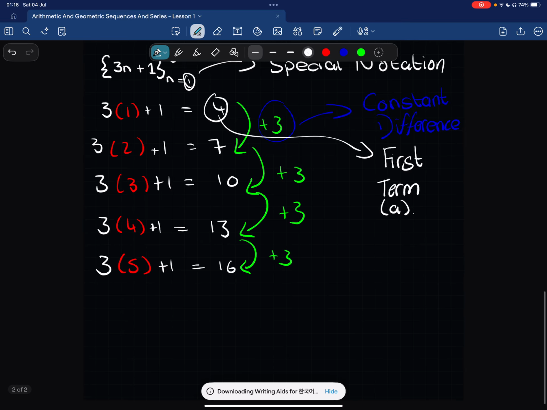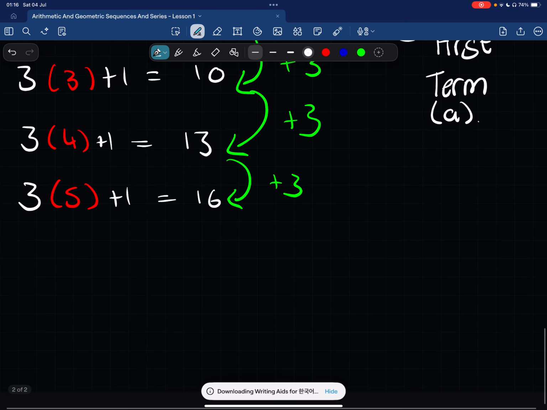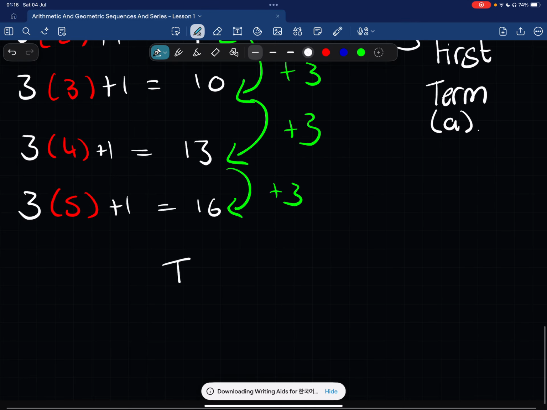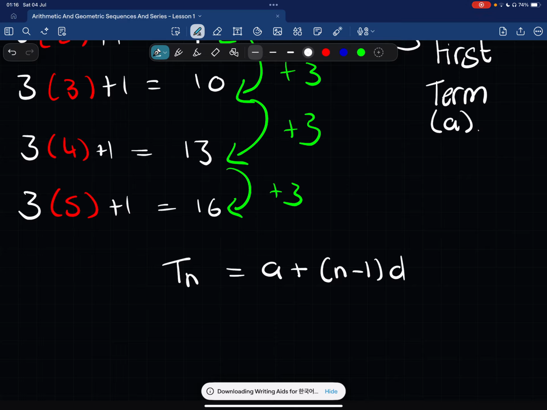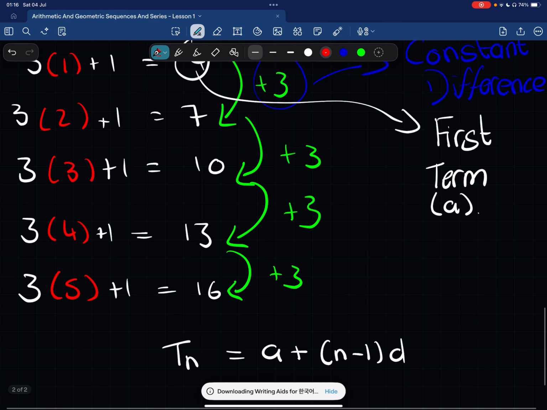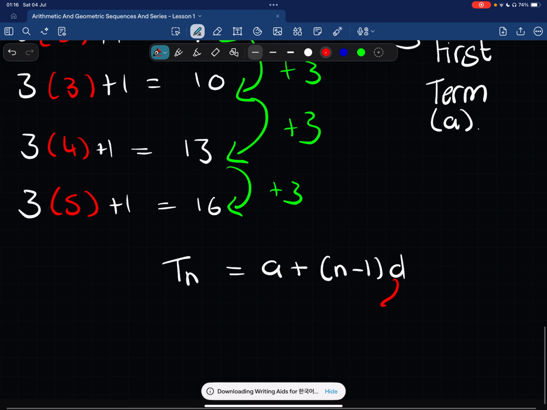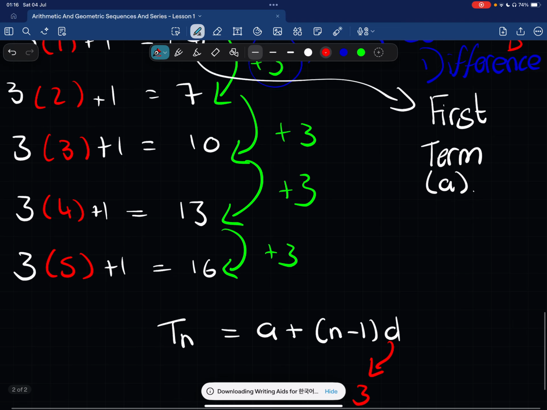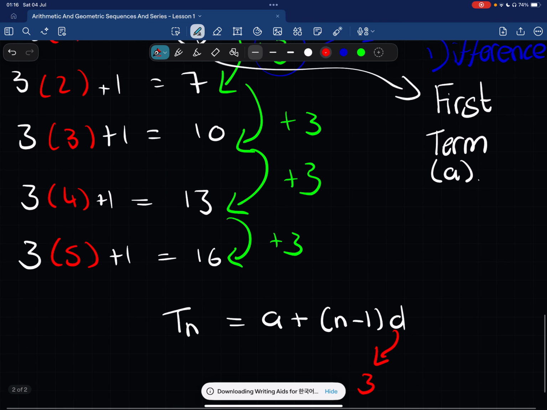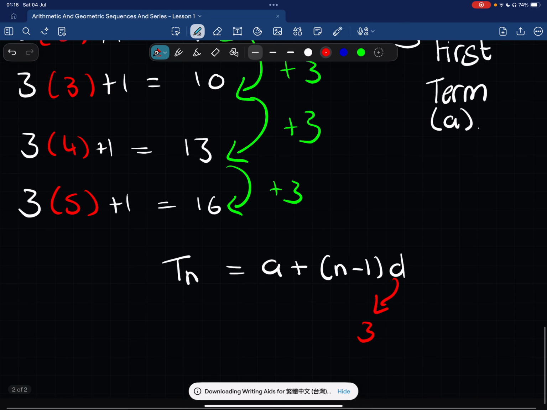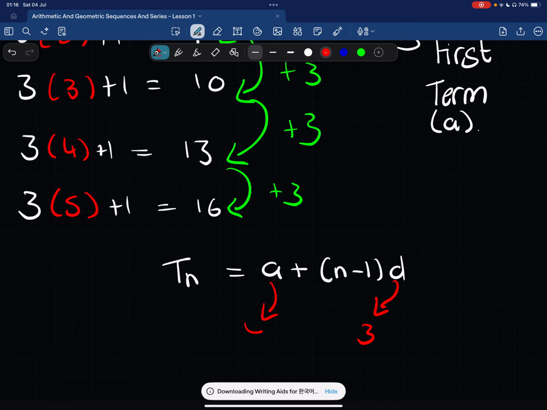This all comes together in the formula for an arithmetic sequence. Tn is equal to A plus n minus 1 all multiplied by d. As you will recall, d is our constant difference, which in this case is 3, and our first term, which is A, is in this case 4.